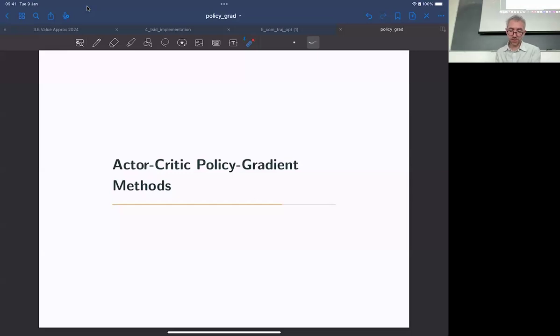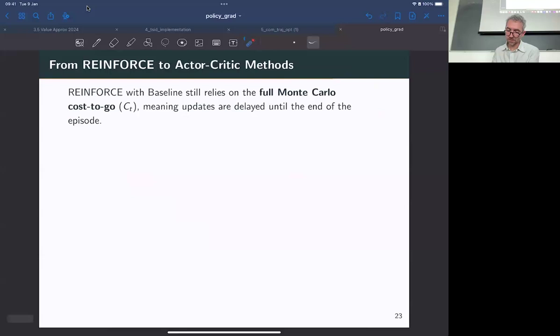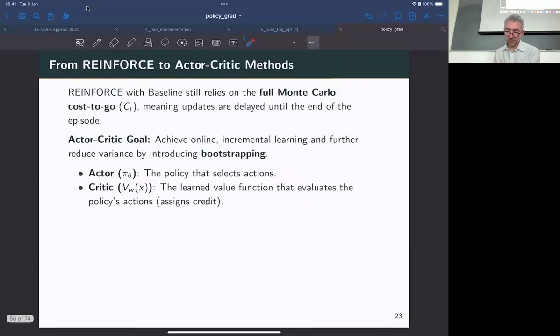And that gives what are called actor-critic policy gradient methods. So the idea is to achieve online incremental learning, and further reduce variance by introducing bootstrapping. And bootstrapping, if you remember, is this key principle behind temporal difference learning, which is that you use your current estimate of the value to compute the target that you want to fit with your value function approximator.